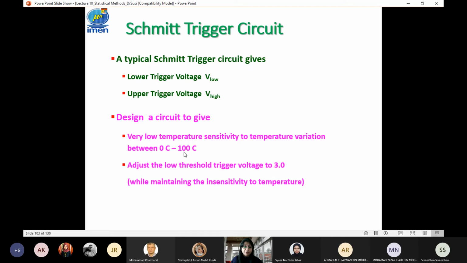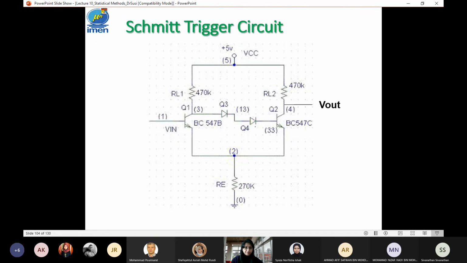That means when you vary the temperature, whether you're staying in the Arctic or in Malaysia, a very cold place or a very hot place, your trigger voltage does not change. So it's insensitive to temperature change. The circuit behaves the same. And adjust the low threshold trigger voltage to 3, so we want to achieve VLOW of 3 volts. So two things we're trying to achieve.